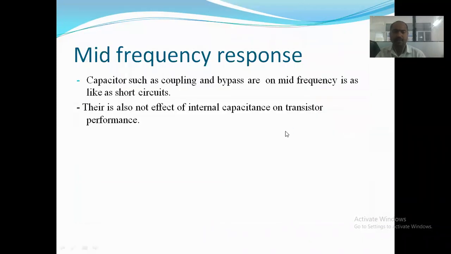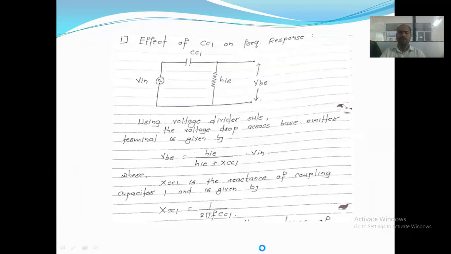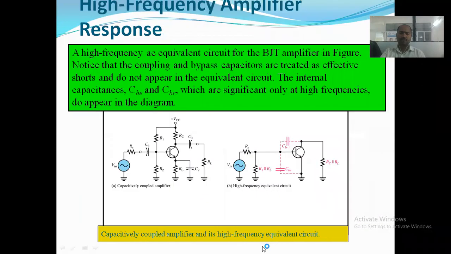So why does that happen? During the mid frequency of operation, we know that these capacitors, coupling C1 and C3, and C2, are involved. C1 and C3 are called coupling capacitors, and C2 is called the bypass capacitor.